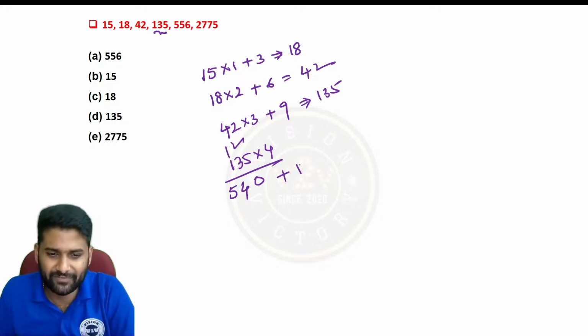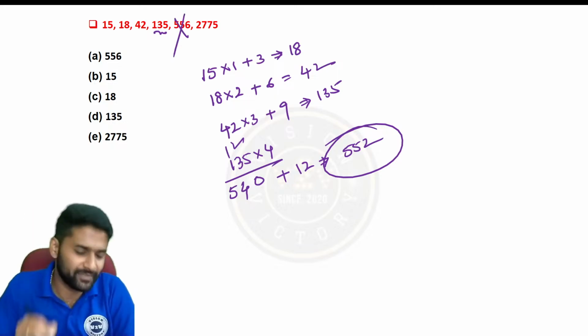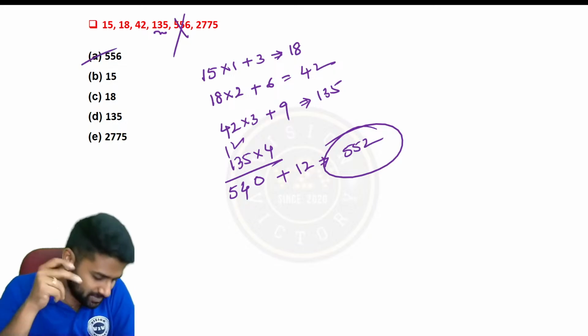It's all about a difference of 3 in the addition. So the answer must be 552. Instead of 552 they have given us 556. That's why 556 is the wrong number.